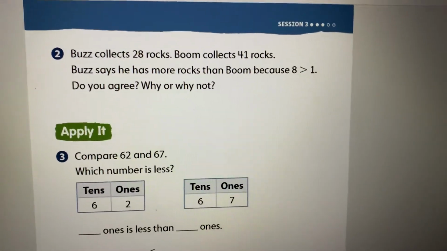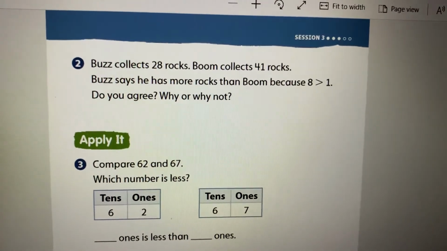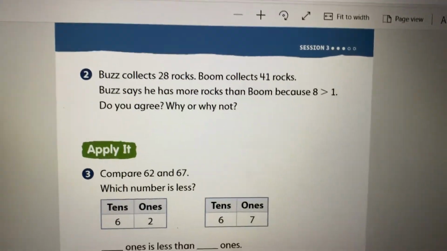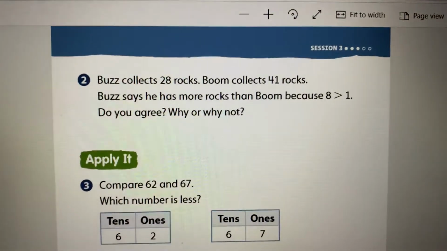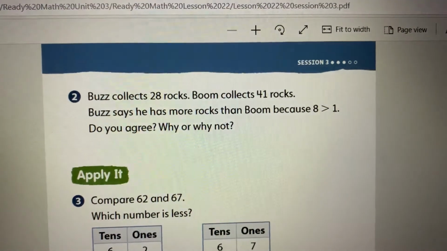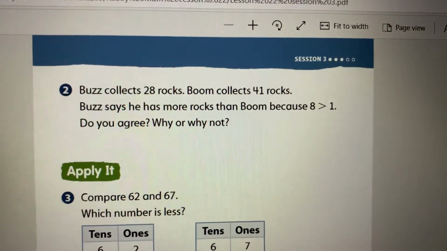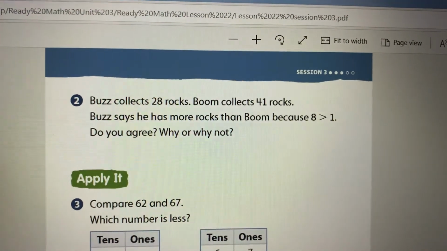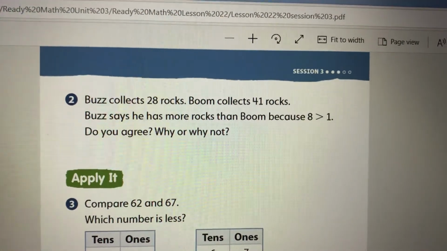Buzz and Boom. I know how much you guys love Buzz and Boom. I can hear you right now. You're all sighing and not happy, but here we go. Buzz collects 28 rocks. Boom collects 41 rocks. Buzz says he has more rocks than Boom because 8 is greater than 1. Do you agree?